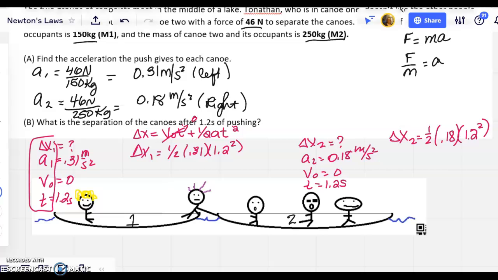And so you get 0.22 meters for canoe 1, and for canoe 2 you get 0.13 meters. So the total distance between them, you just add those two together. The total distance that's going to separate these canoes, this distance right here, is going to be 0.35 meters.